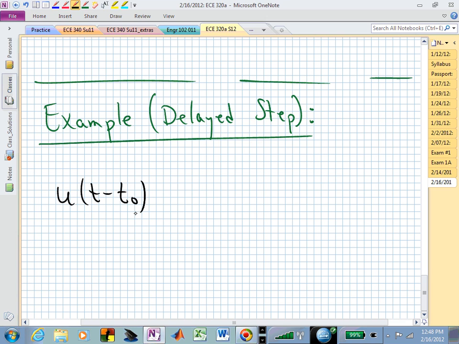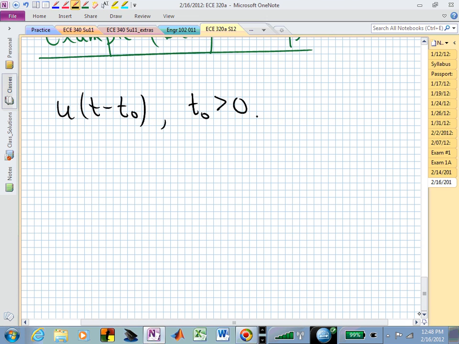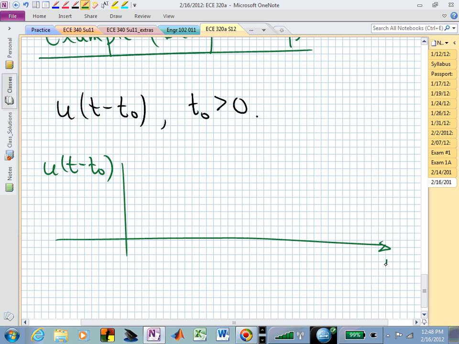Here is a way to write or parameterize a delayed unit step. If we keep this t0, t0 is a constant, let's make it bigger than 0. If I now said, okay, sketch this waveform as a function of time, what would you draw?